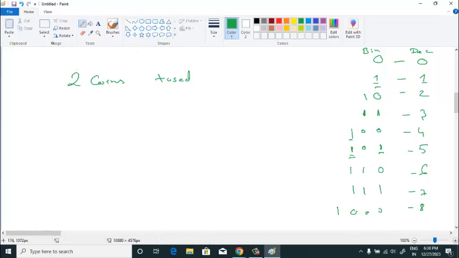You borrowed how many bits? 3 bits. Sorry, 2 bits. This is 1. This is small or this is small? This is only 1, but this is 2. So write the small one first. You got it?